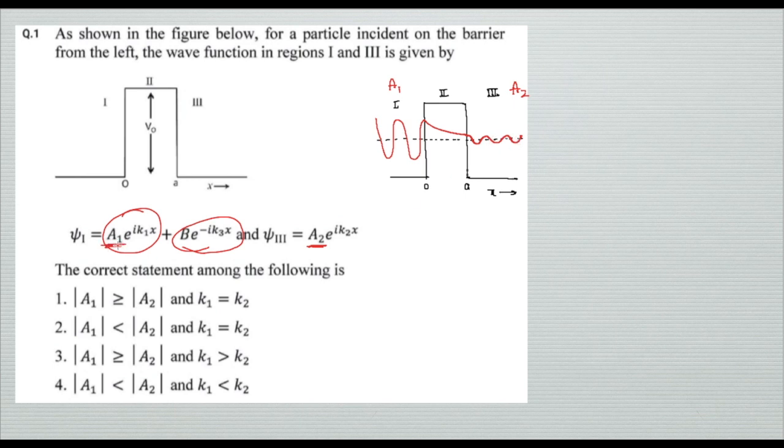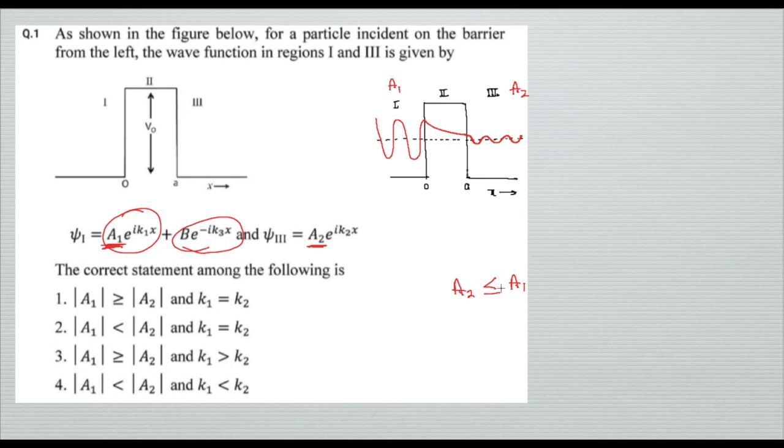So the amplitude of the forward direction of the wave function in the first case and in the third case will be such that A2 is obviously going to be very small compared to A1. Now will it be equal to this? Yes, it can be equal if the size of the potential well is too small compared to the amplitude. So it depends: if the amplitude is too high and the length of the potential barrier is very small.